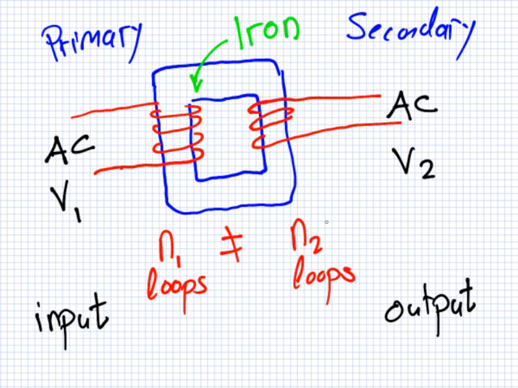So let's imagine we have our current coming in here and going out here. You remember from the start of this chapter the right-hand grip rule, that when we have a current moving in one direction, it produces a magnetic field.